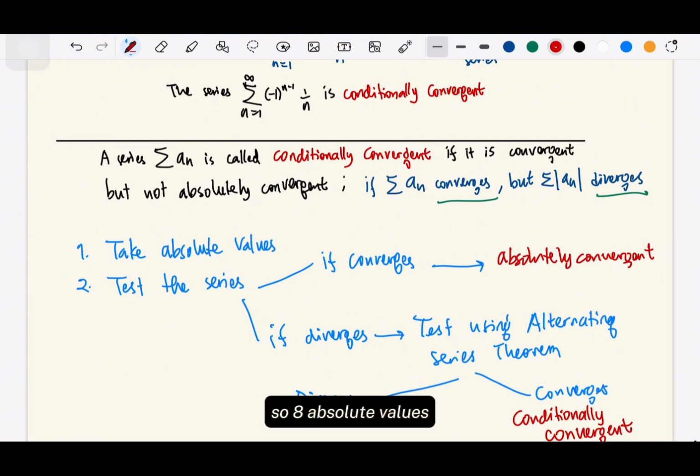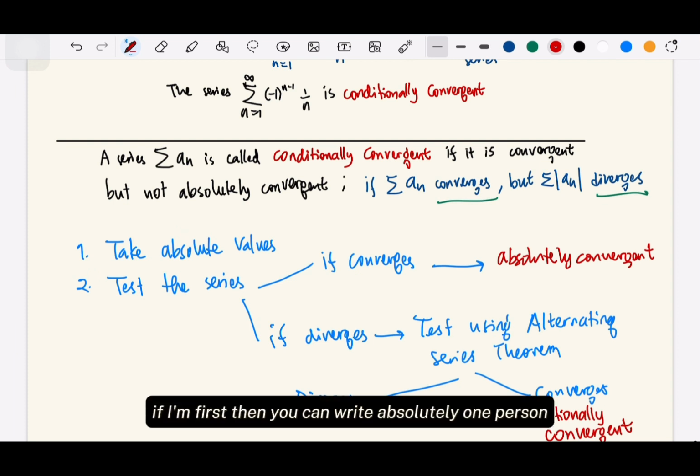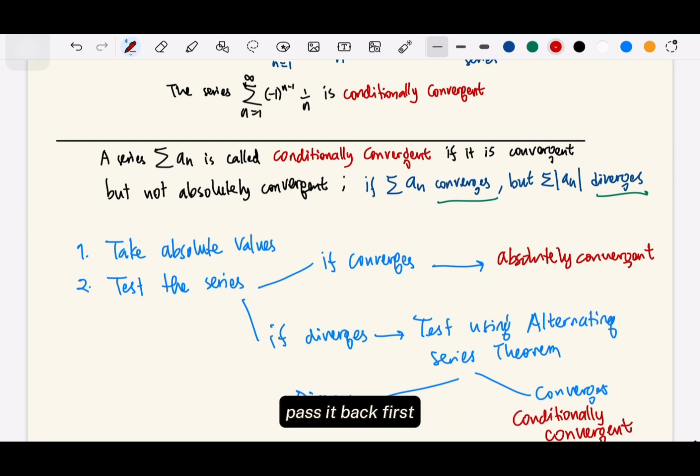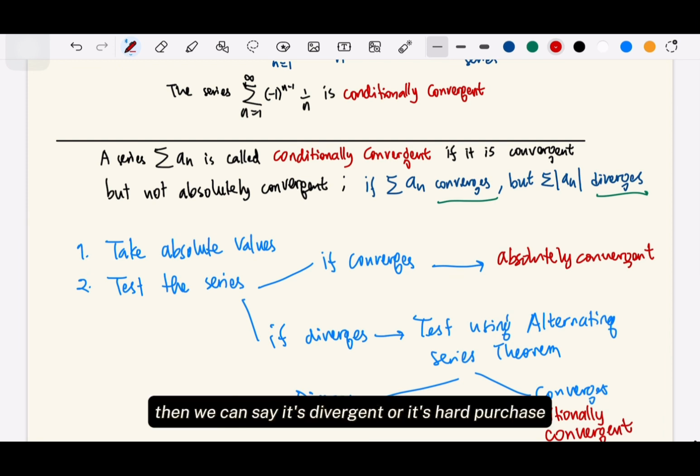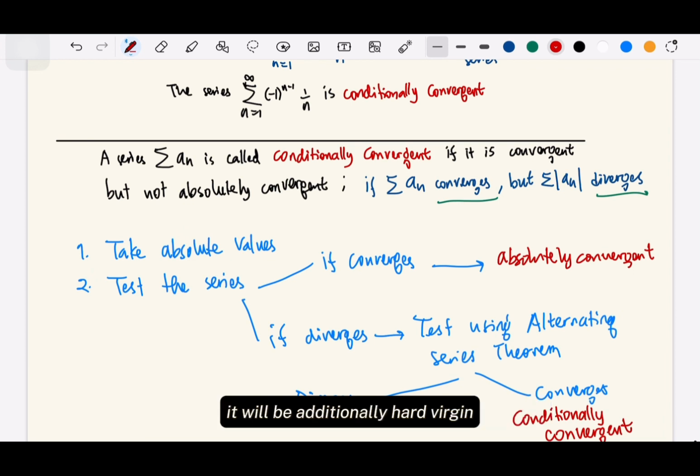So take absolute values, test the series, you can use any method. If it converges, then you can write absolutely convergent. If it diverges, then use the alternating series test. If it still diverges, then we can say it's divergent. Or if it converges, it will be conditionally convergent.